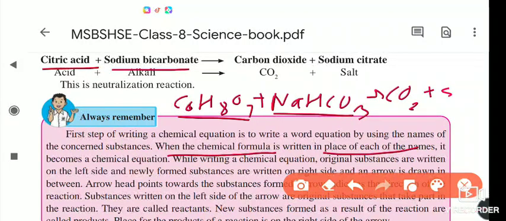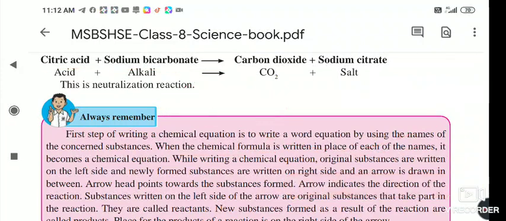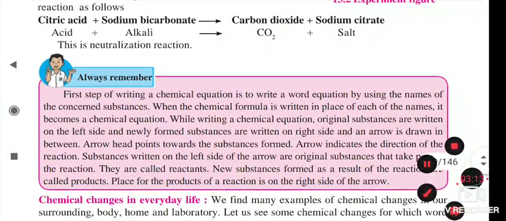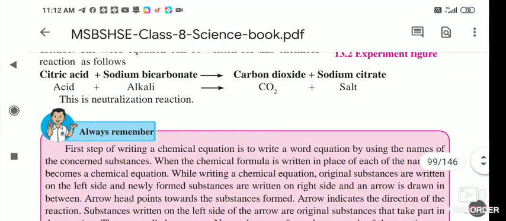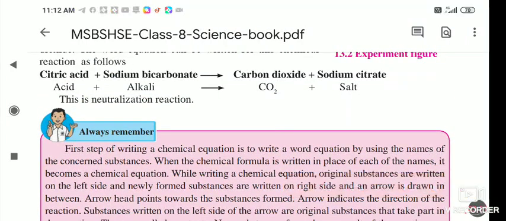Its formula is a little bit different, and it forms the respective salt, that is sodium citrate, and CO2 gas. In this way, if you write the chemical formulas of each, then this reaction is called a chemical reaction. So above is the word reaction, and this is the chemical reaction.